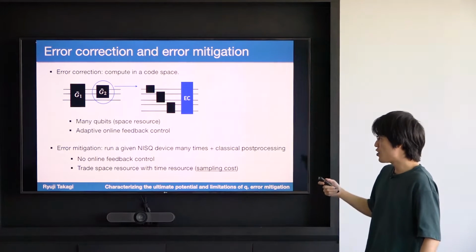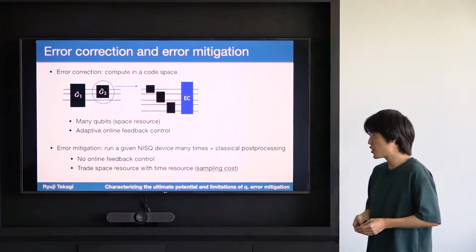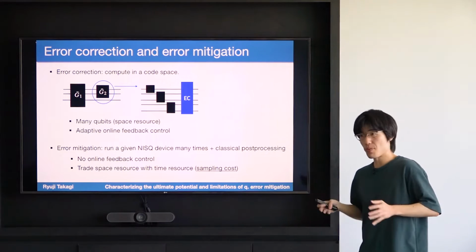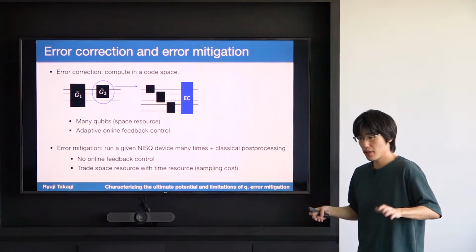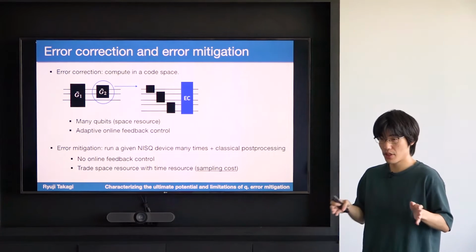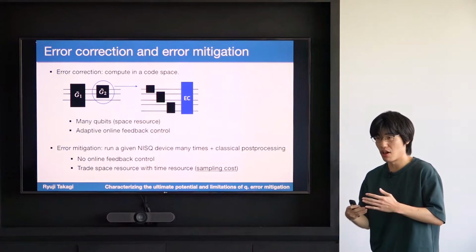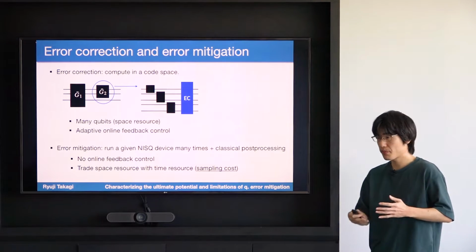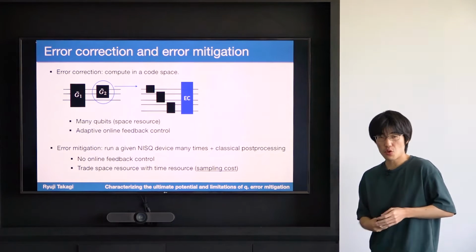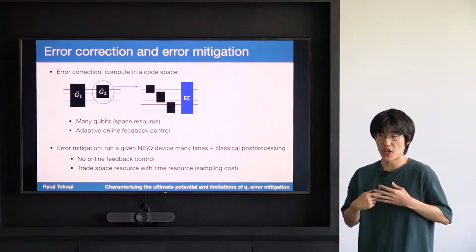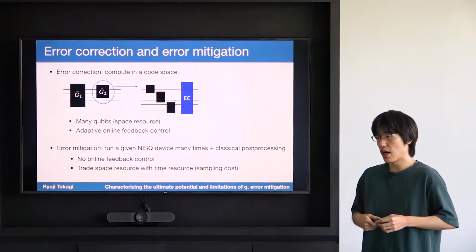The idea of error mitigation is to run a given NISQ device many times, make measurements at the end and collect those measurement outcomes. Then apply some classical post-processing on the measurement outcomes and try to extract the classical information that you were interested in, like the expectation value of the Hamiltonian and so forth.